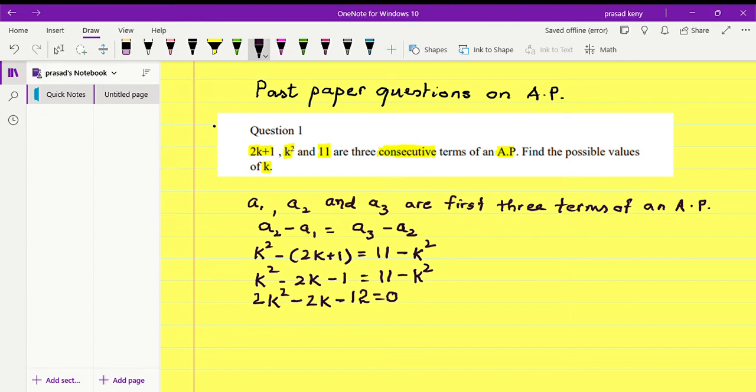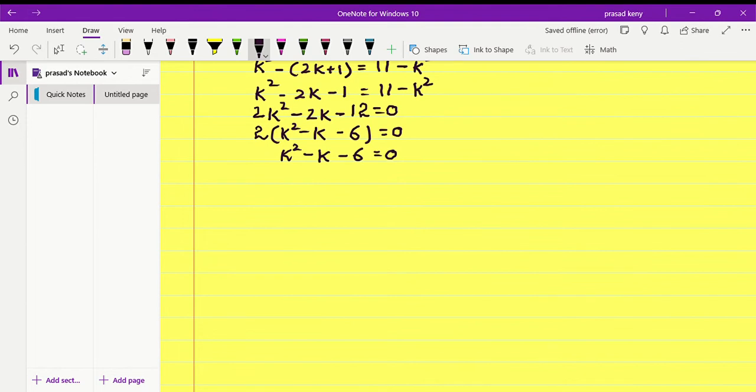So here I can take 2 common. It will be k square minus k minus 6 equal to 0. So you are getting a quadratic equation here, and as you can see, this equation is easily factorizable.